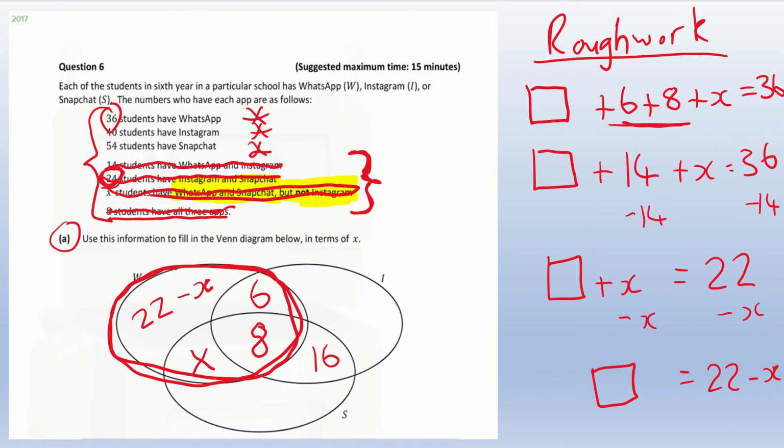Because the x was there, it was a small bit more difficult than any of the other parts to fill in, but we will be getting a bit more practice about that in our Snapchat group and also our Instagram as well. So 36 students have WhatsApp, right now we've got that done. I'm going to put my line through it.